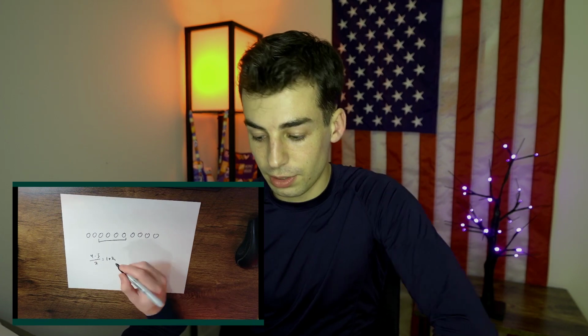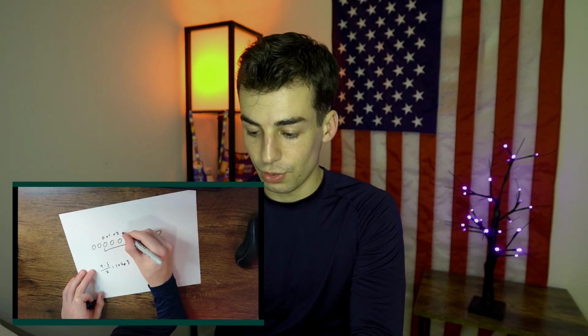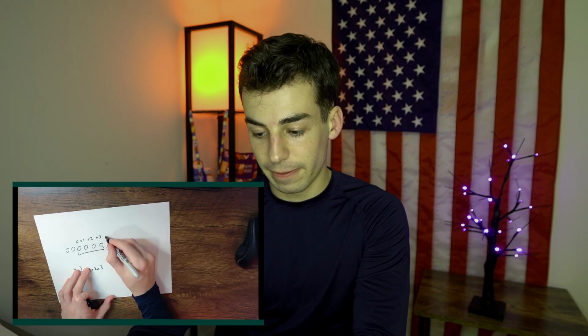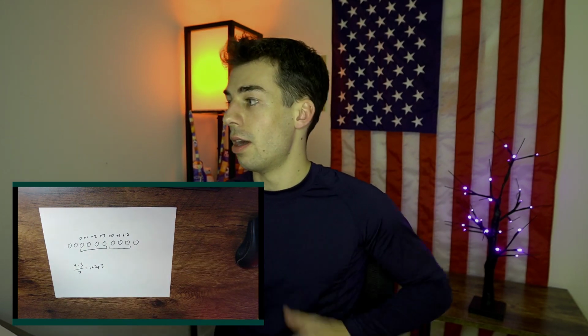Every node has an inversion with every other node, and then you counted each edge twice, so 4 times 3 over 2. So that's how many inversions there are for a set of 4. And this is equal to 1 plus 2 plus 3. So an easy way of imagining this, if we have these two ranges that both get flipped, is we have 0 plus 1 plus 2 plus 3, and then we have plus 0 plus 1 plus 2. So this is the total number of inversions.